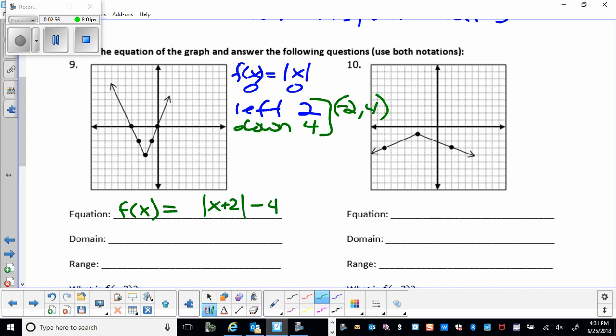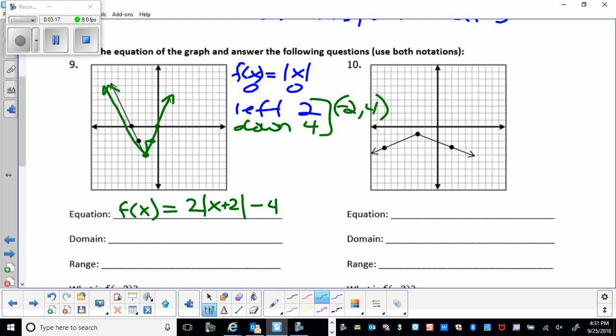The slope, let's see, if I go from this vertex to this point, I had to go up 2 and over 1. So that is a +2 slope, right? It's going up, so it's a positive absolute value, all right? And that's the equation.